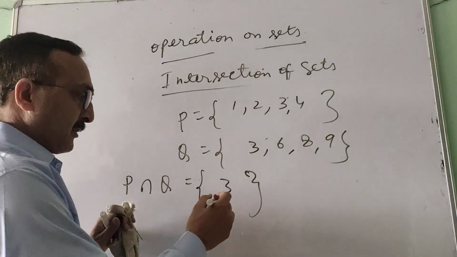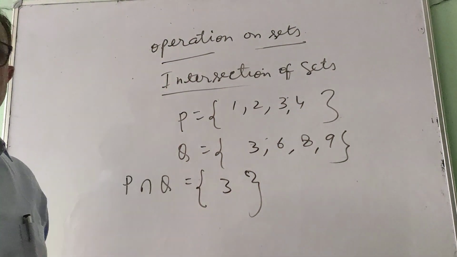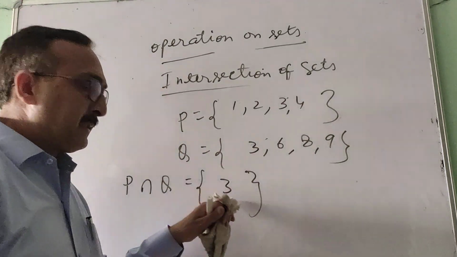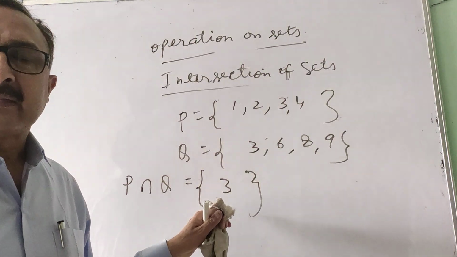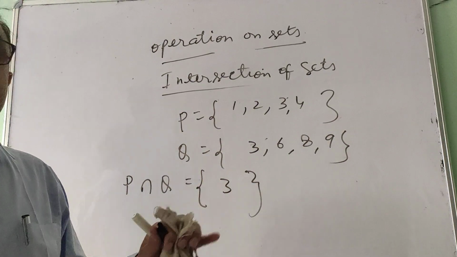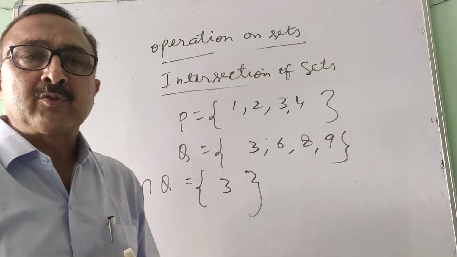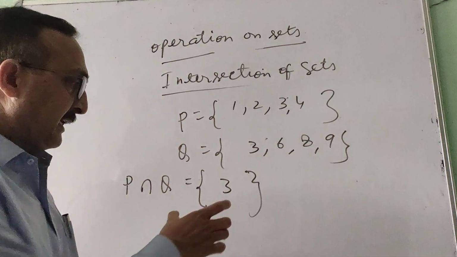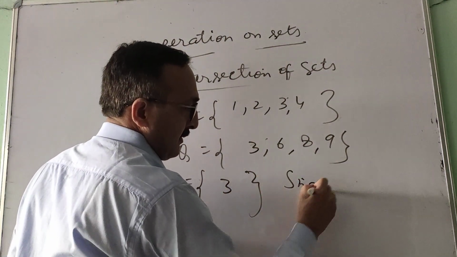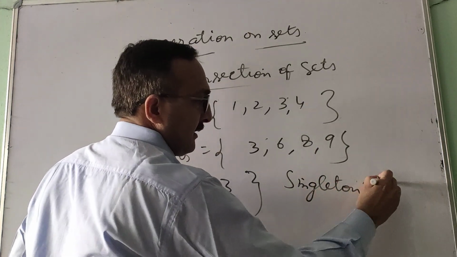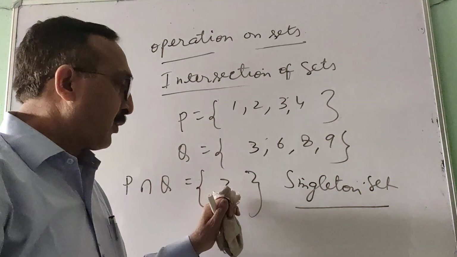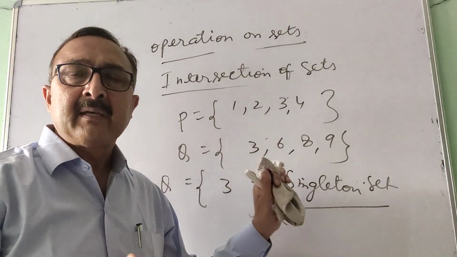So that is P intersection Q. And we have studied earlier what kind of set this is. You remember? Yes, a set having only one element is known as a singleton set. If there is no element, it is called the empty set. If there is one element, its special name is singleton set.